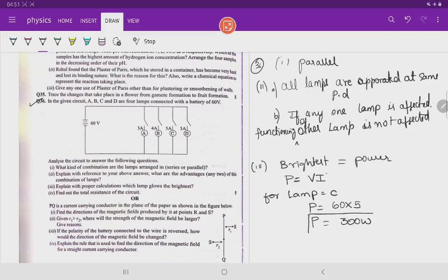So power is 300 watt for the 5 ampere lamp. Obviously, lamp C will be brighter.